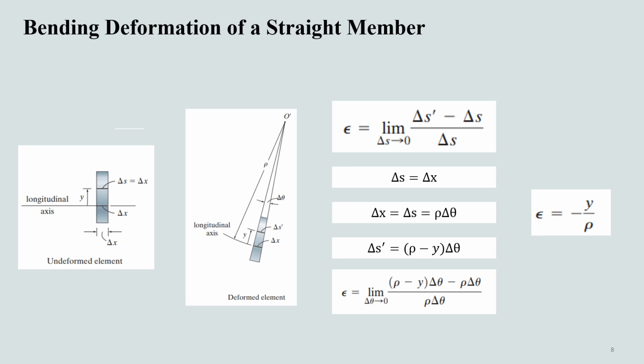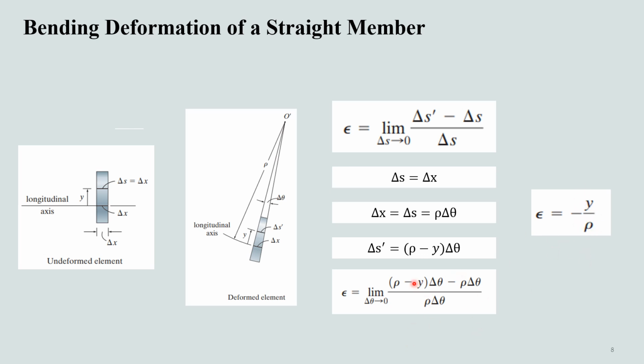So if we substitute these equations of del s and del s dash in the strain equation and apply the limit, we have this relation, because rho del theta minus rho del theta cancel, and we are left with minus y over rho.